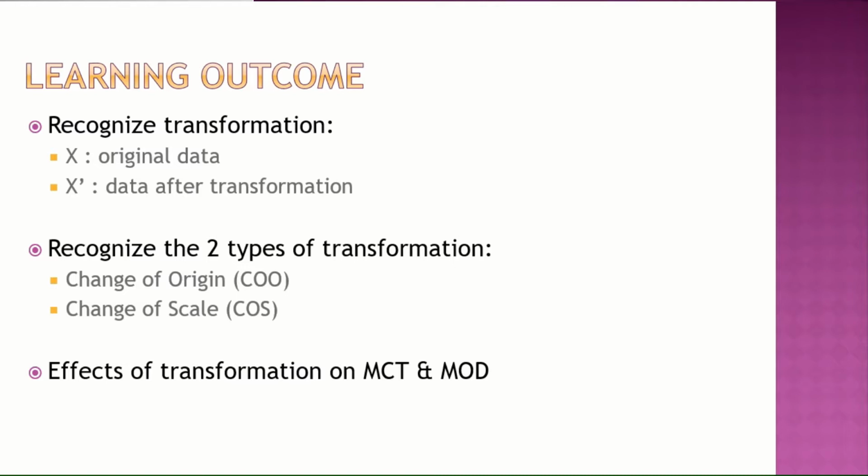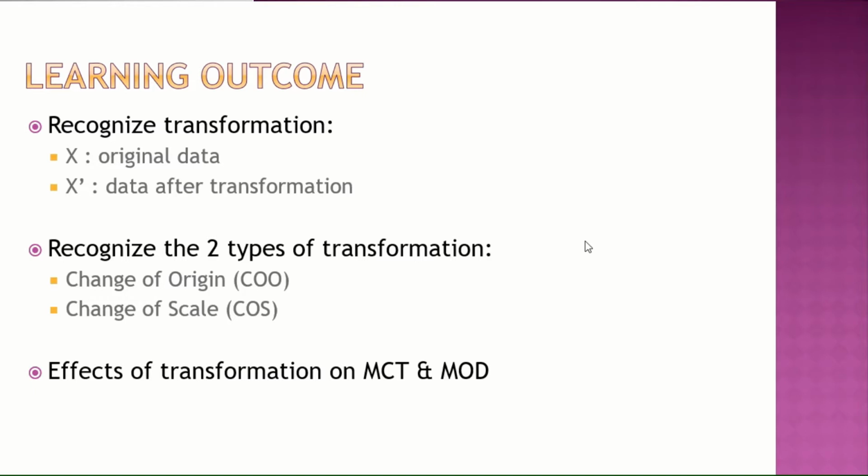Okay, there are two types of transformation. One is change of origin and one is change of scale. Change of origin is when you plus and minus something to your data, meaning when you add 2 or you minus 2 or something like that. Change of scale is when you times and divide your data.